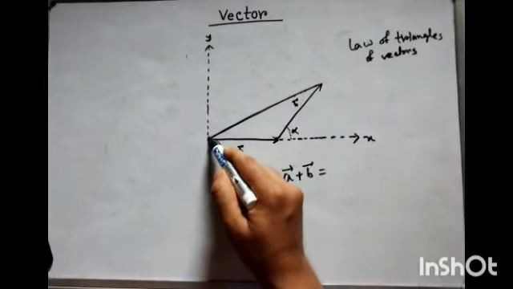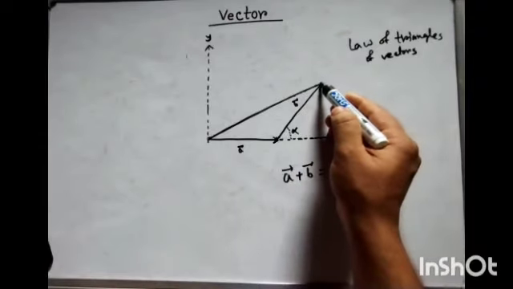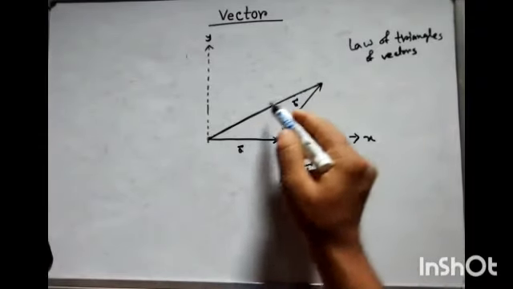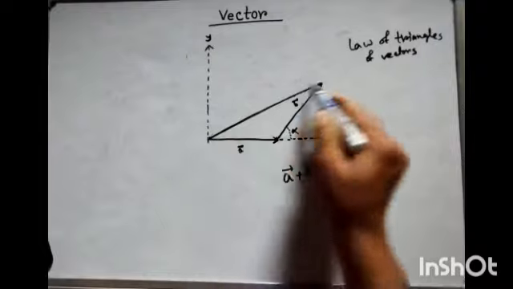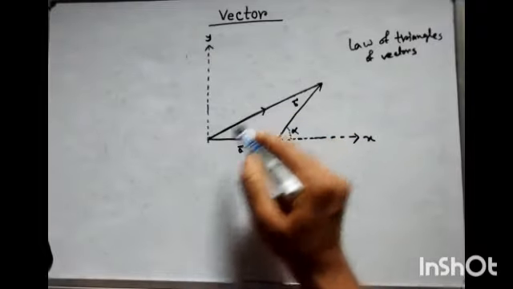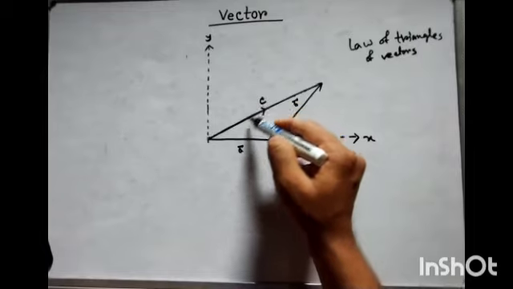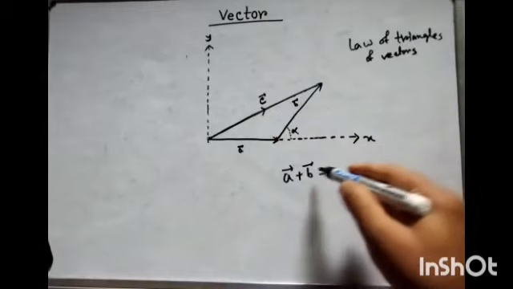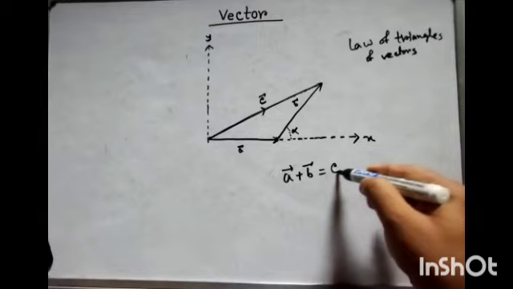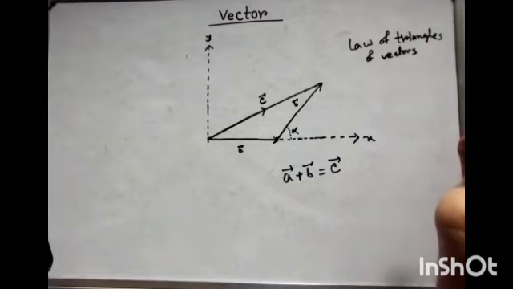So from the initial point to the final point, the direction will be from initial point to final point, and there I got another vector, so I'll call this vector the C vector. So A vector plus B vector will be C vector.